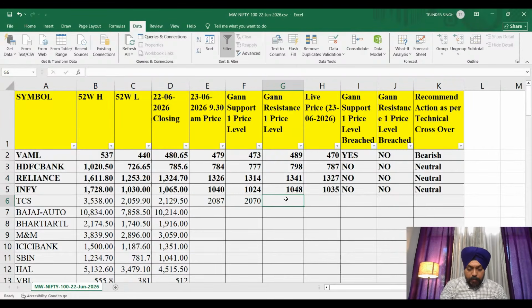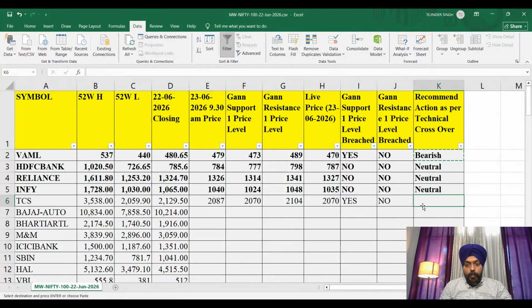Resistance 1 is 2104. And what is the live price? Now I checked, at 1130 AM TCS's live price is trading at 2070. Gann support 1 price level breached? Yes. Resistance obviously no. So the stance is bearish.